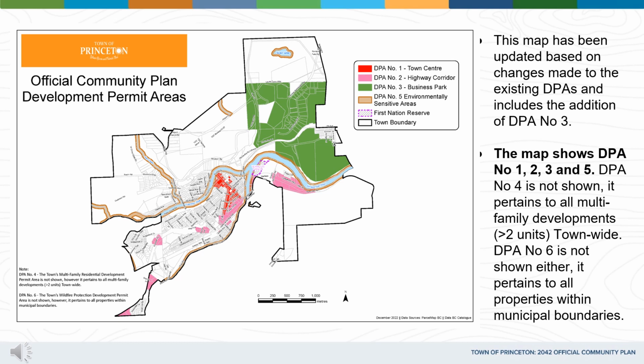This map only shows DPA number 1, 2, 3, and 5. DPA number 4 is not shown as it pertains to all multifamily developments that are over 2 units town-wide. DPA number 6 is not shown either as it pertains to all properties within municipal boundaries.